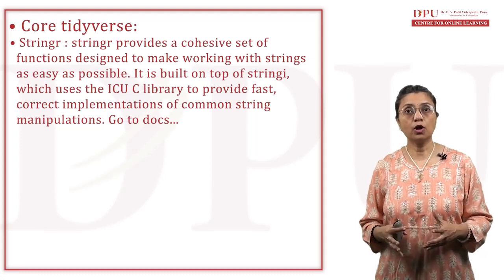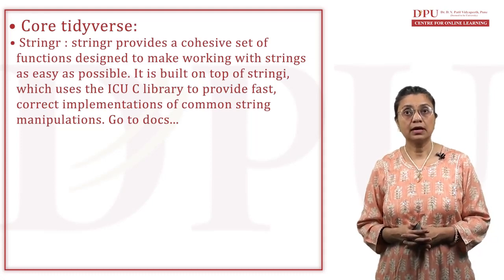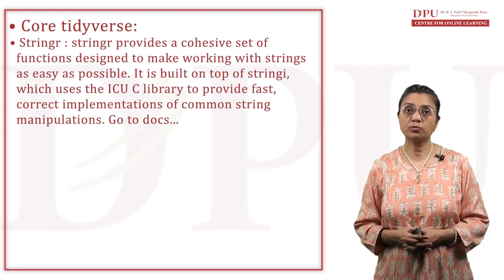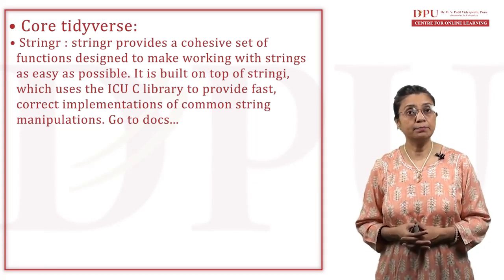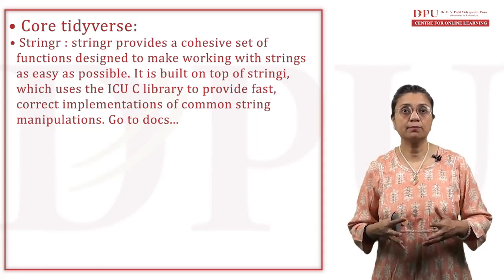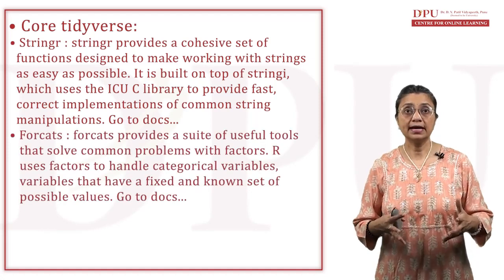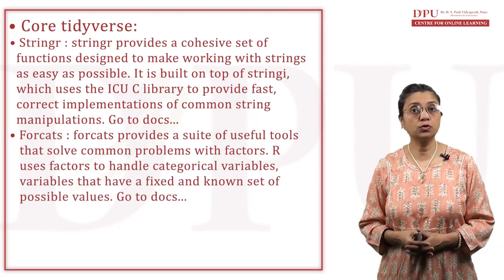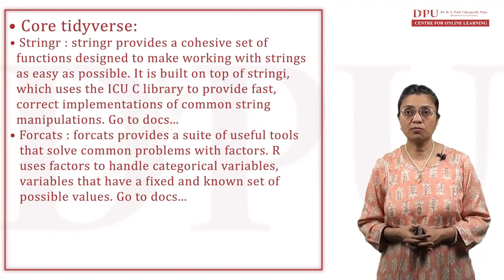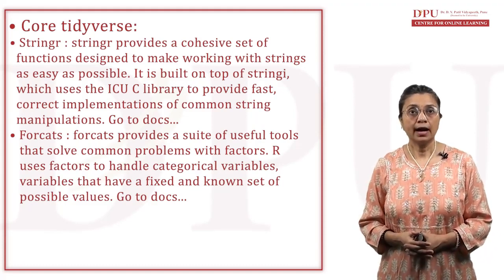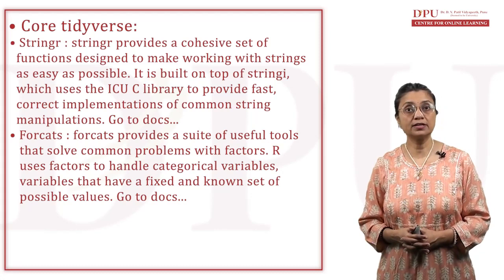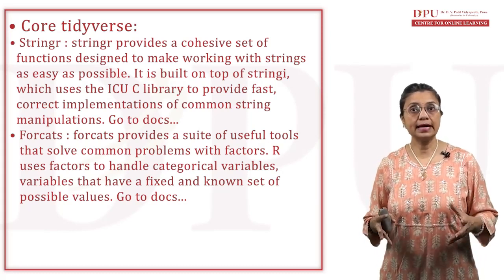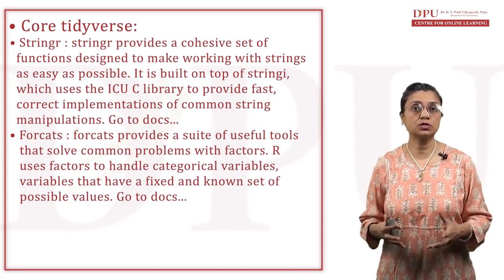It is built on top of stringi, which uses the ICU C library to provide fast, correct implementations of common string manipulation. And the last we have is forcats. forcats provides a suite of useful tools that solve common problems with factors. R uses factors to handle categorical variables that have a fixed and known set of possible values.